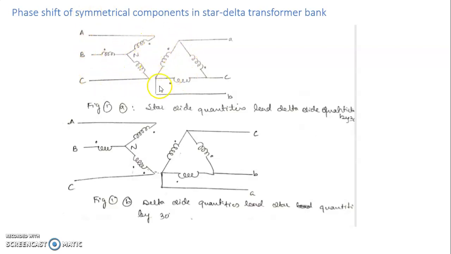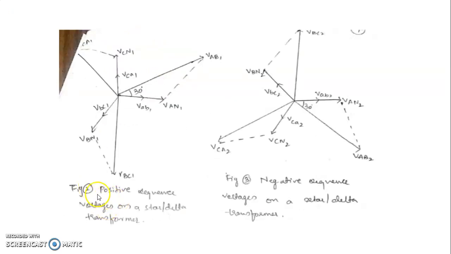Referring to figure 1a, we will have a vector diagram which is shown in figure 2. We have applied a positive sequence voltage, so we will have only positive sequence current. According to that, we have a vector diagram.